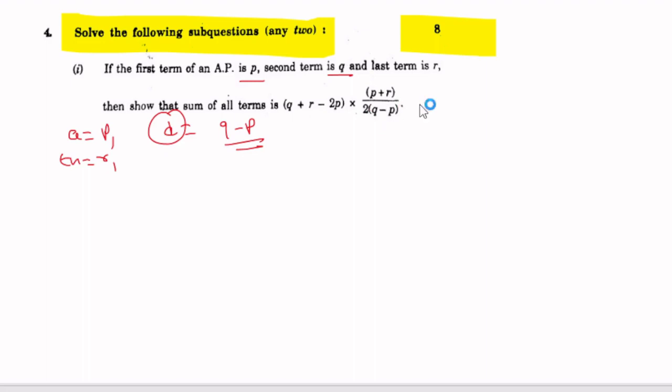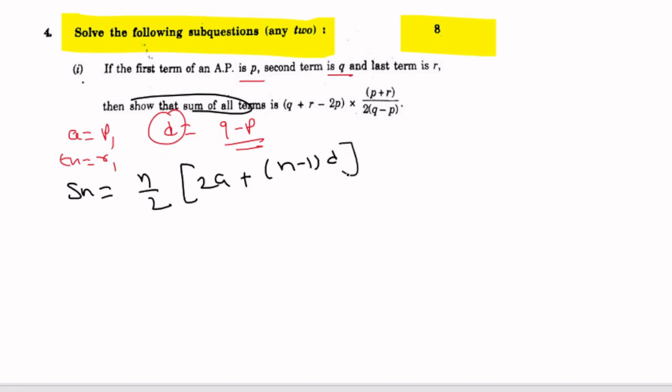The moment you look into this, it looks very difficult, right? But it's not difficult, it's easy. One thing you have to follow is the logic. They're asking to find the sum. So what is the formula for the sum? Sn is equal to n by 2 into, in brackets, 2a plus (n minus 1) into d.